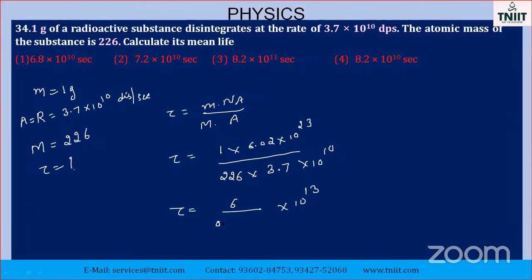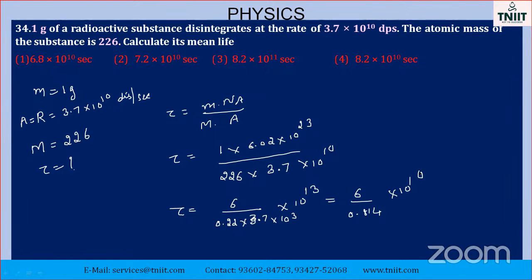This 226 can be taken as 0.22 into 10 power 3. So it will be 6 divided by 0.22 into 3.7, which is close to 0.814 into 10 power 10.